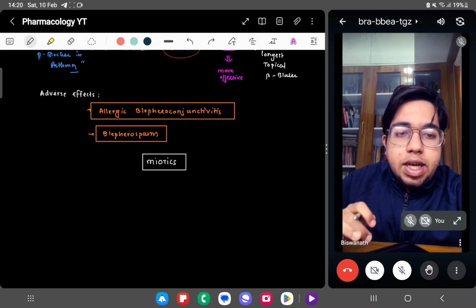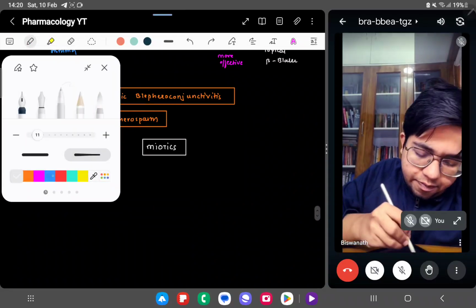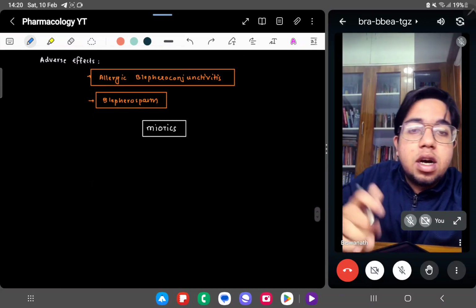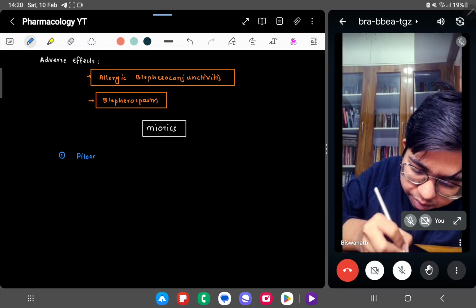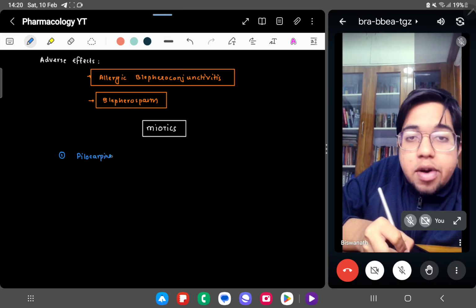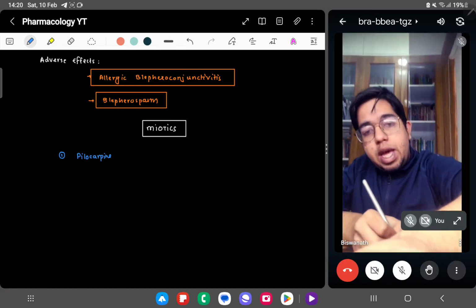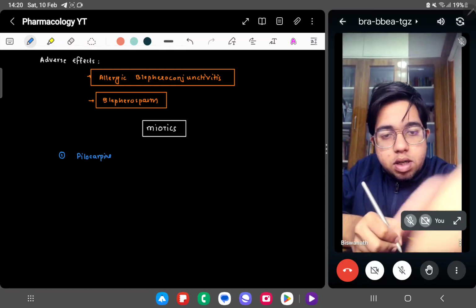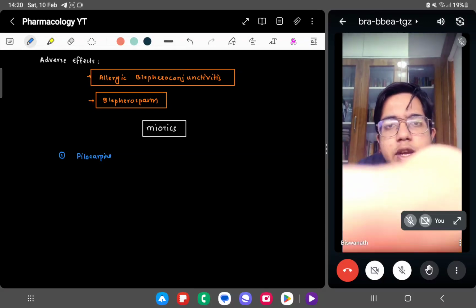We'll first see what the eye drops in miotics are. So we have some eye drops like pilocarpine, the most important. Just don't forget pilocarpine eye drops. Sorry, my camera is a bit unsteady, I guess. Yeah, it's fine.